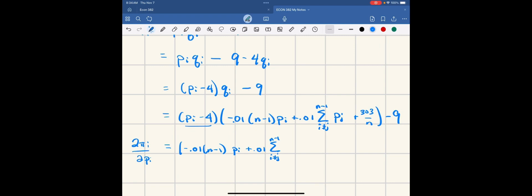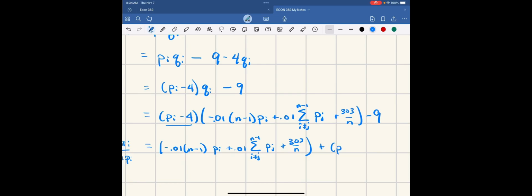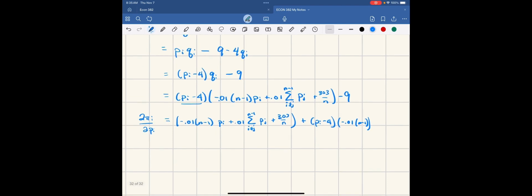It's n minus 1 because firm i is not in this summation, and n is the total number of firms. Plus the first, which is p_i minus 4, times the derivative of the second, which is just negative 0.01 (n minus 1). And so there we have our first order condition.